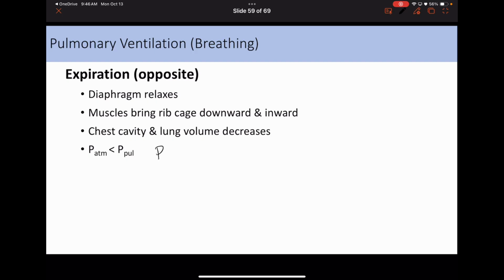So now we have a positive intrapulmonary pressure, one that's greater than atmospheric pressure, and then the air rushes out. So any questions on that? Okay.